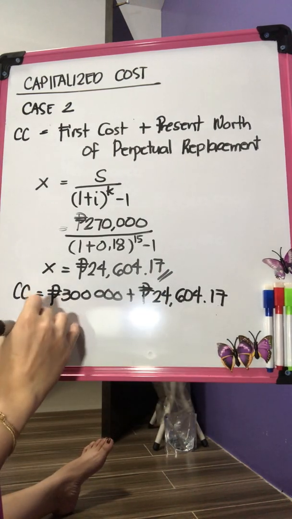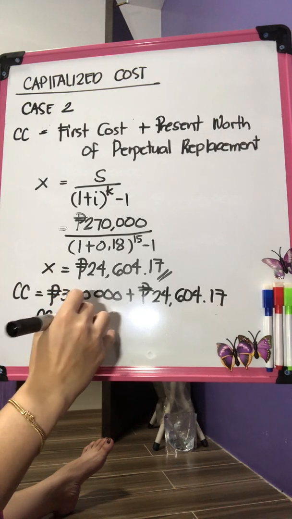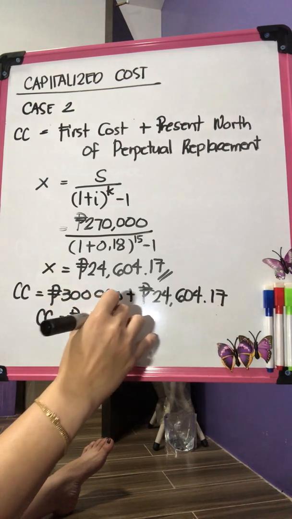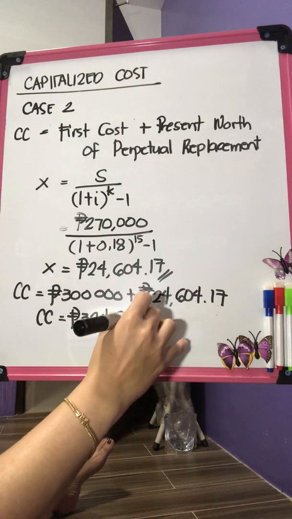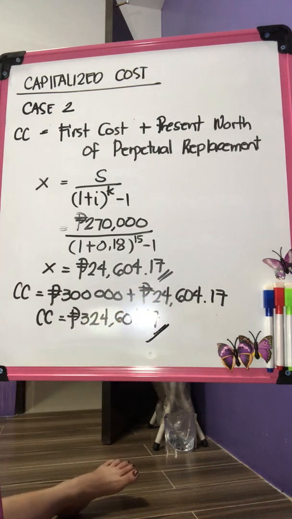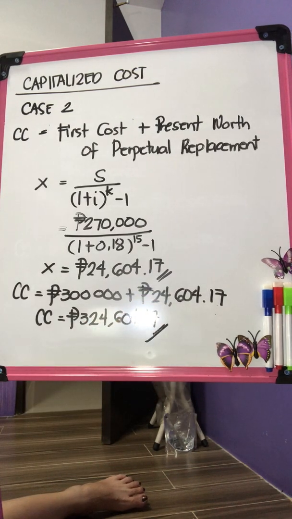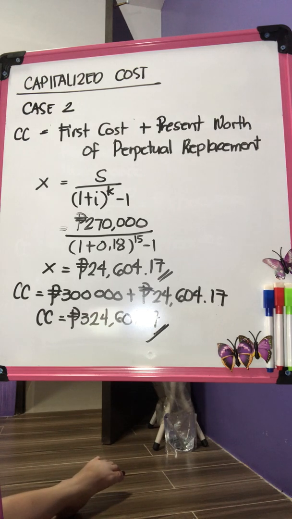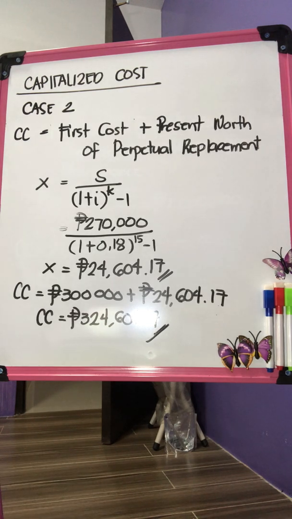Okay? So, all in all, ang ating capitalized cost is equal to 324,604 pesos and 17 centavos. Okay? So, yan yung ating capitalized cost. Okay? Yan. Okay, so that is for case 2.